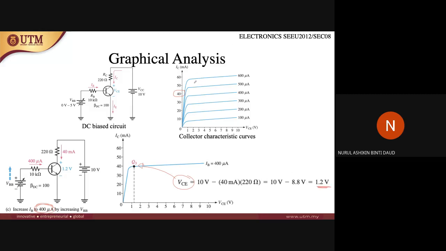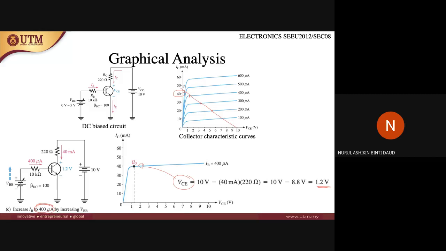So now you already have 3 points, right? 400, 1.2 volts; 300 just now, 3 point something; and 5.6 for 200 just now. So now you have three points here. You can make a straight line then.